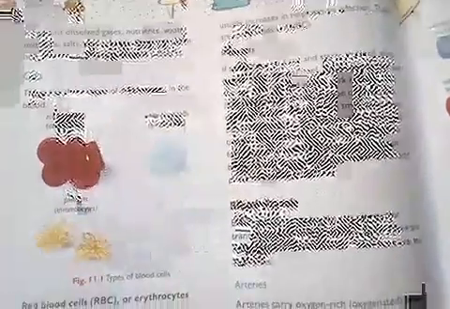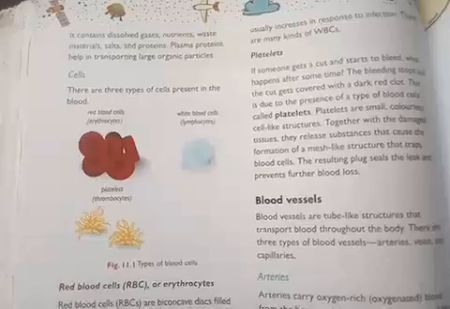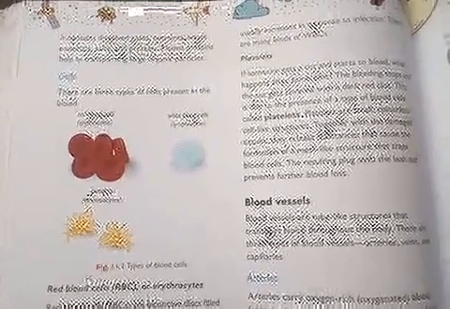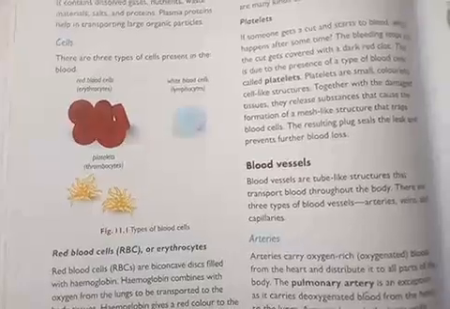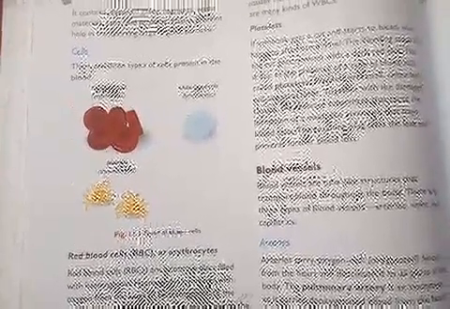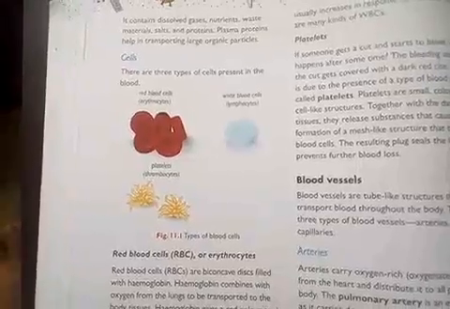Then this one, as you can see, just looks like cotton, so it's your white blood cell since it is white in color, also known as your lymphocytes. And as you can see out here, it just looks like some insects. That's your platelets, also known as your thrombocytes. Now these are the three cells which are present in your blood, and each has its own function.